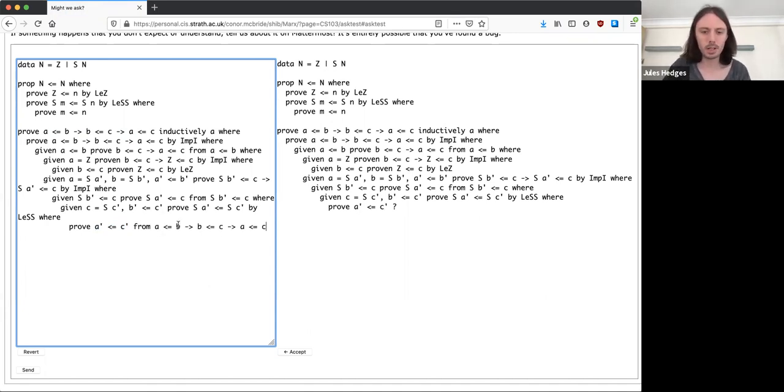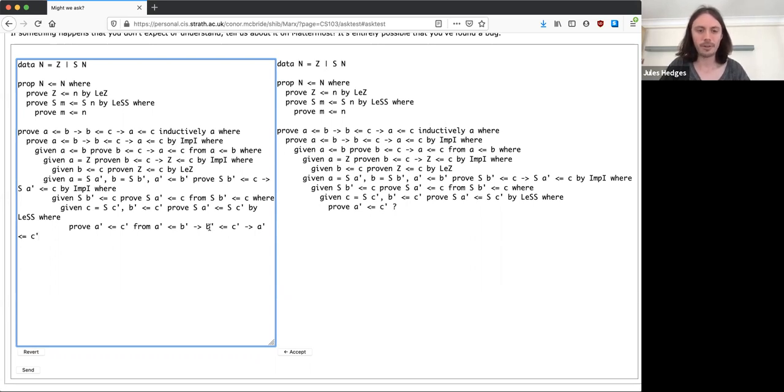And remember back to week 1, the implies connective brackets to the right. Sorry, I need to add my primes here because we're getting smaller. This bracket's to the right.